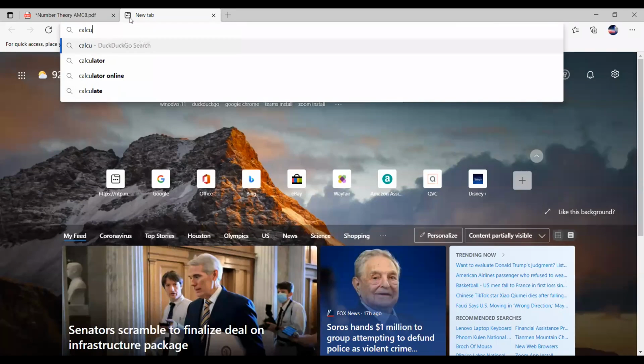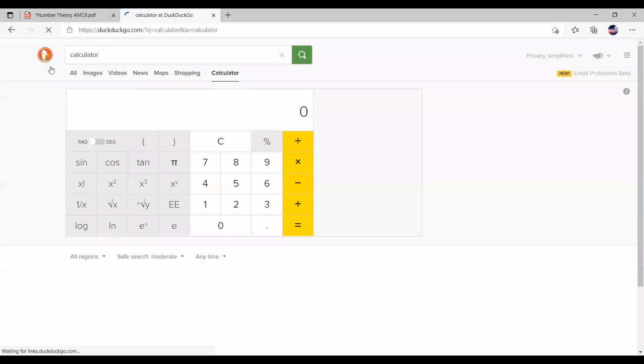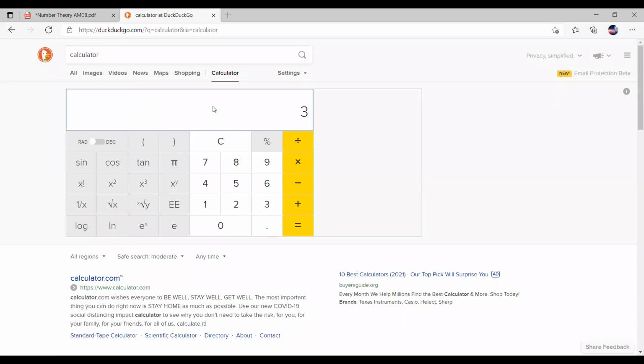Let's pull up a calculator. All right, and what we're doing is 303 times 505. And just to prove it, it is indeed equal to 153,015. The 0 right here is the hundreds digit.